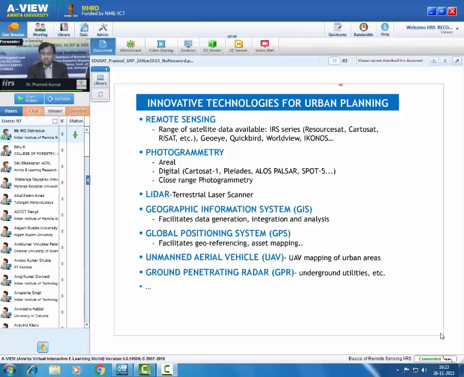A newer technology coming up in recent times is UAV. This UAV helps us to map the urban areas. For utility mapping, you might have seen on the road the applications of ground penetrating radar for understanding the underground water utilities.